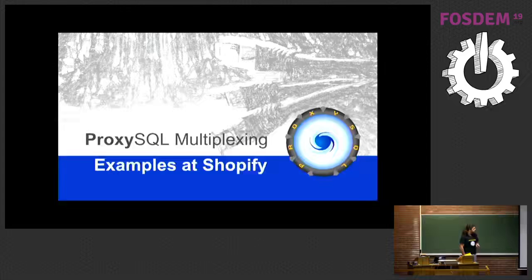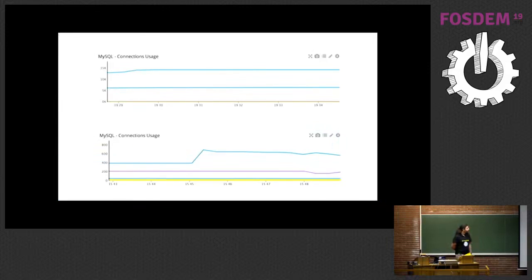Now, let's show an example of how ProxySQL actually helps with improving performance using multiplexing. What will follow is an example of performance improvement that we got at Shopify, who are using ProxySQL on all their infrastructure. Those are initial tests they were doing.